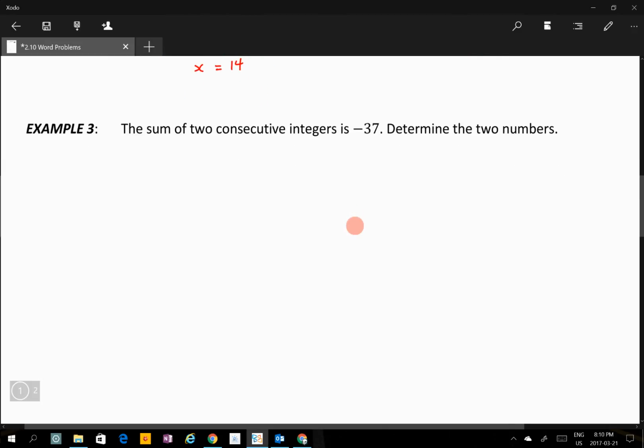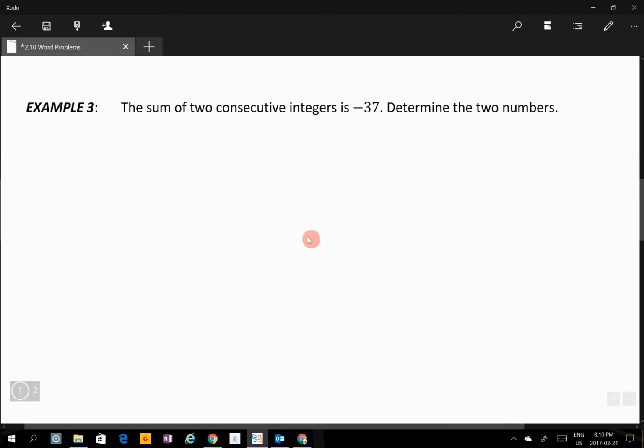Okay, example number 3. The sum of two consecutive integers is negative 37. Determine the two numbers. So let's start with our let statement. Let x be the first number. Okay, and the next number is going to be, well, consecutive integer. Consecutive means one right after the other.